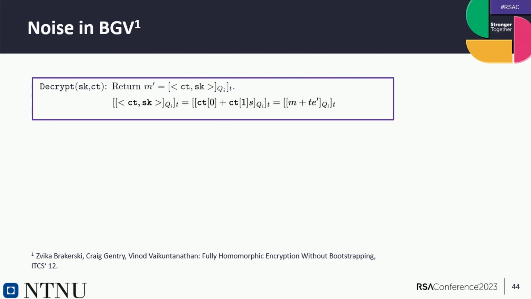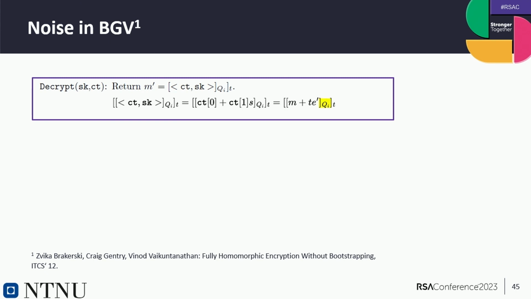This gives us an expression like here, which is the message plus the plaintext modulus times some e prime. Then we directly see, if we take this whole thing modulo the plaintext modulus t, then this vanishes. We get the message modulo the plaintext modulus, which is exactly what we want, so we're fine.